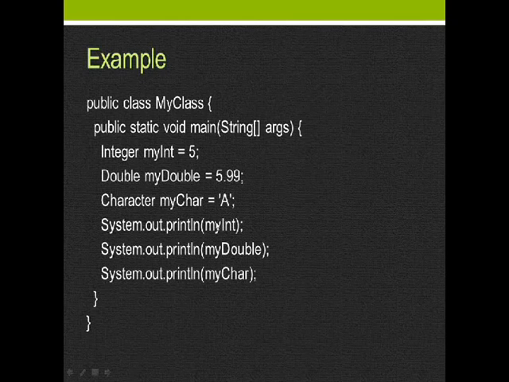Now here the difference is that before that was a value and this is an object. myInt is an object, so we can print the object directly, and similarly for this.